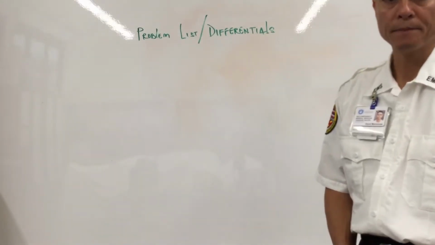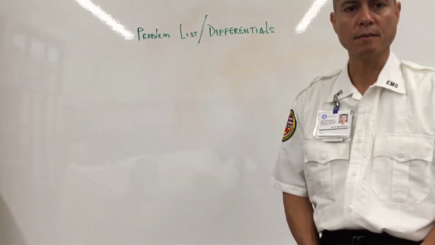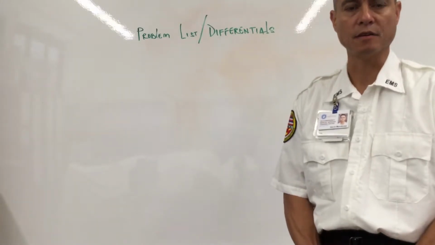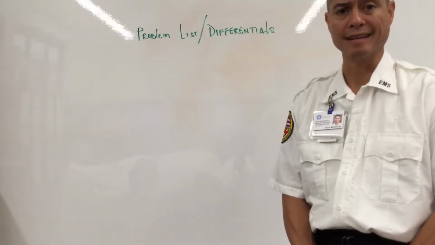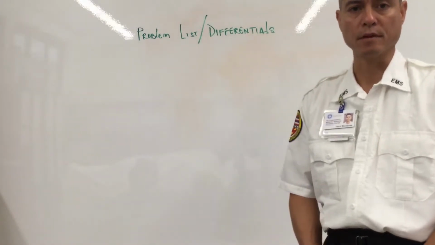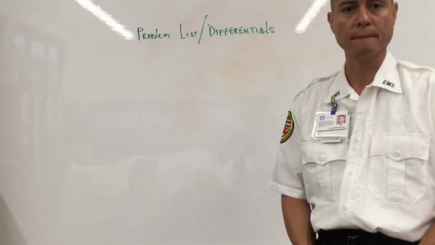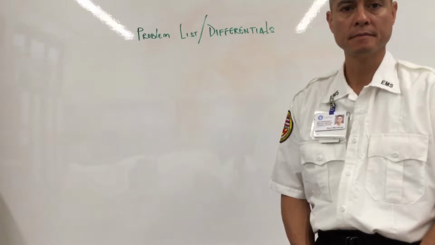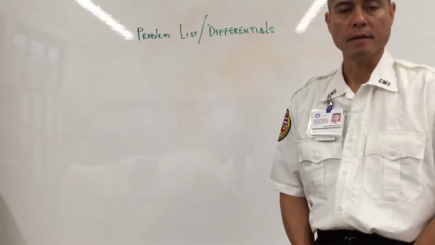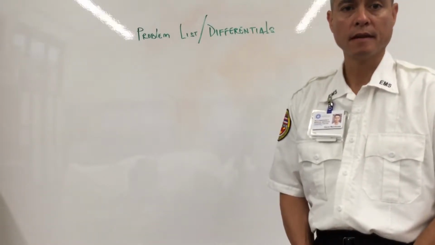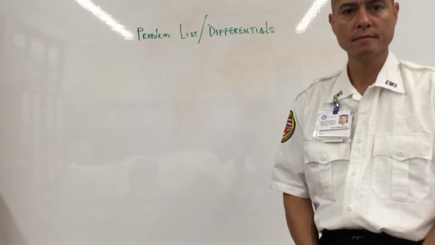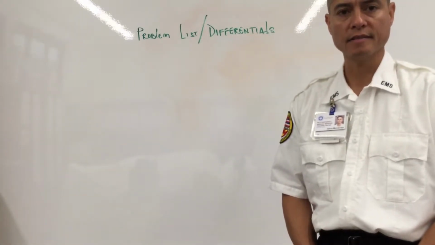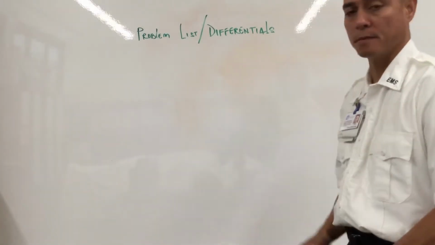An example: when we get to a patient's house and they're complaining about being fatigued or faint, there may be other symptoms that they also list as we go through our SAMPLE and OPQRST, such as nausea, vomiting, maybe some diarrhea. What we want to do is put all of these symptoms together, look for the signs, and create a problem list.